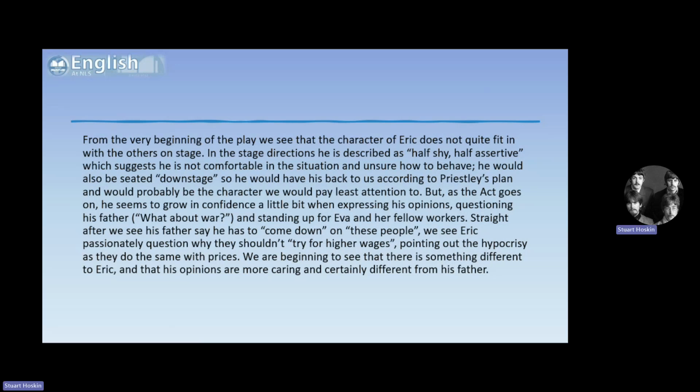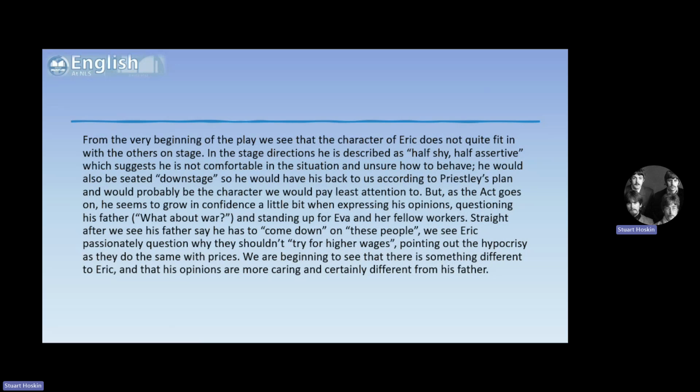From the very beginning of the play, we see that the character of Eric does not quite fit in with the others on stage. In the stage directions, he is described as half shy, half assertive, which suggests he's not comfortable in the situation and unsure how to behave. He would also be seated downstage, so he would have his back to us according to Priestley's plan, and would probably be the character we would pay least attention to.